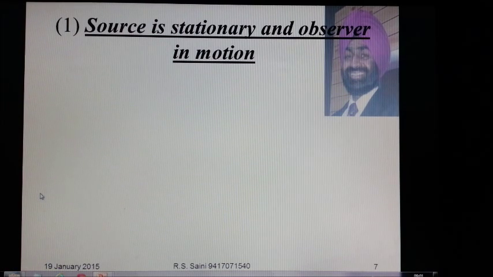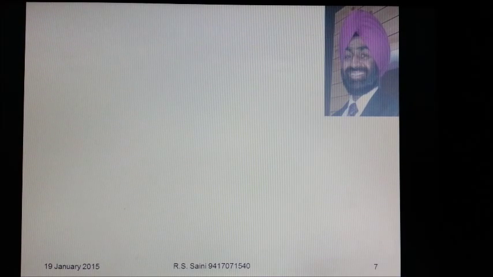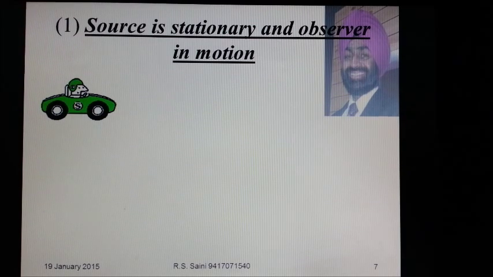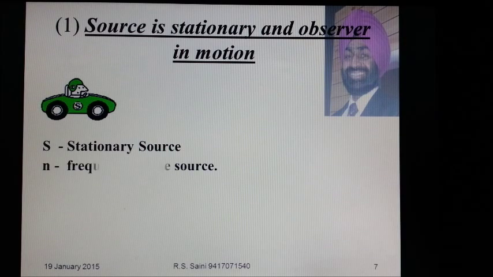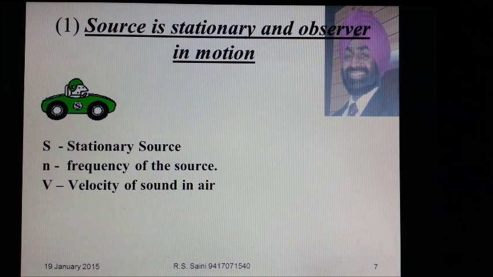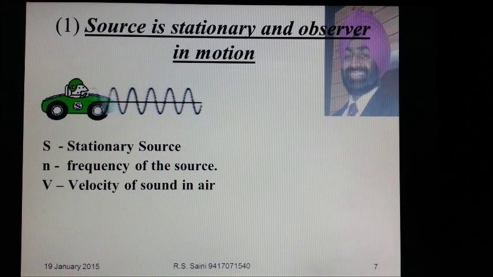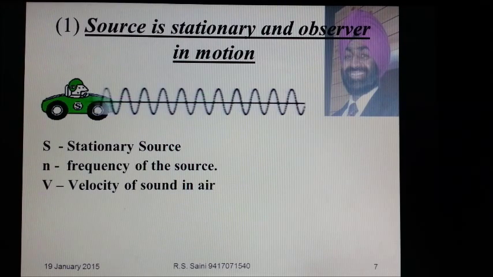So this is the source. Say the source is emitting n waves per second, that is the frequency of the source is n, and v stands for the velocity of sound in air. So the source is giving out n waves per second.